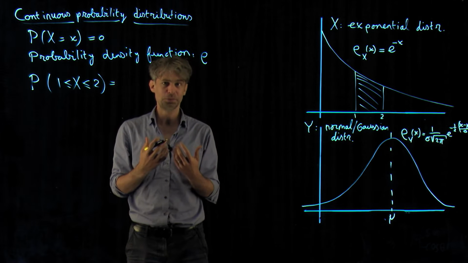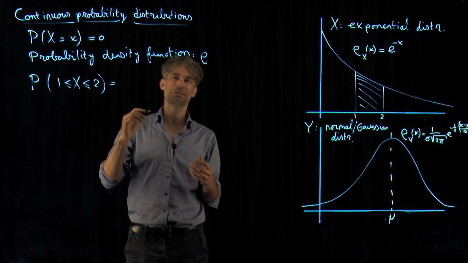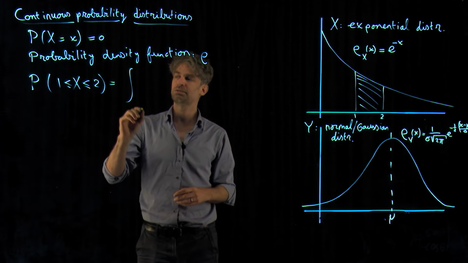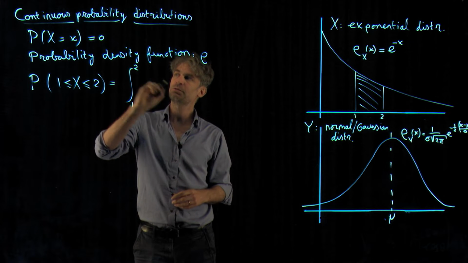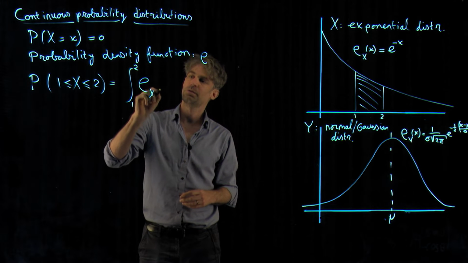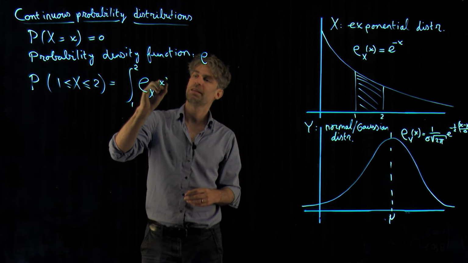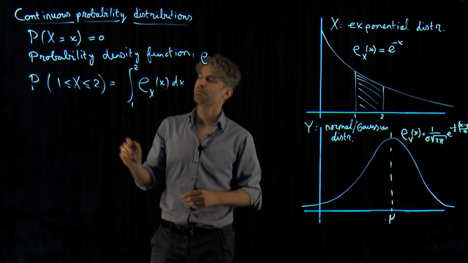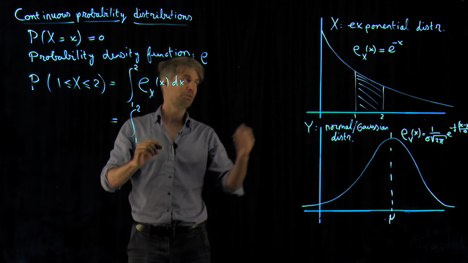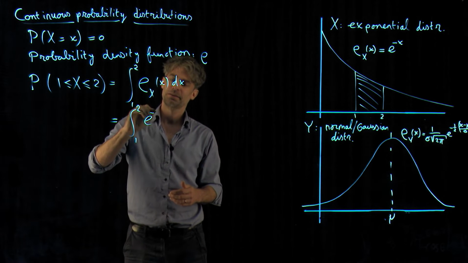And I hope you know, otherwise I tell you now, it's computed by the integral over the probability density function. So it's the integral from 1 to 2 of rho of x dx. And of course we can compute this more precisely by filling in the equation.